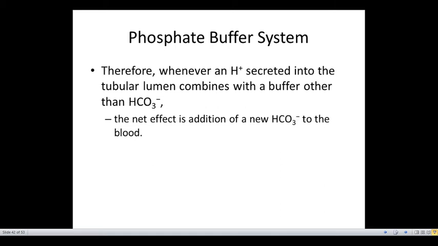Therefore, whenever a hydrogen ion is secreted into the tubular lumen and combines with a buffer other than bicarbonate ion, the net effect is addition of a new bicarbonate ion to the blood.